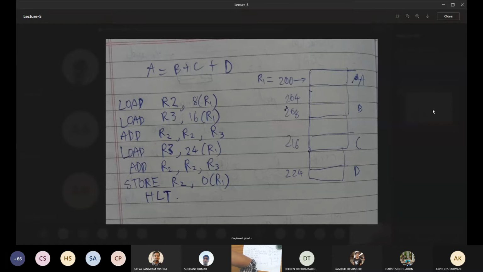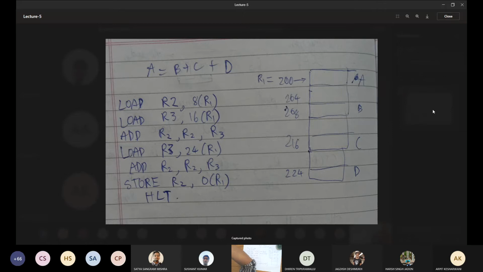A equals B plus C plus D. Load R2, 8. Okay, R3, 8. Add R2 equals R2 plus R3. Right.